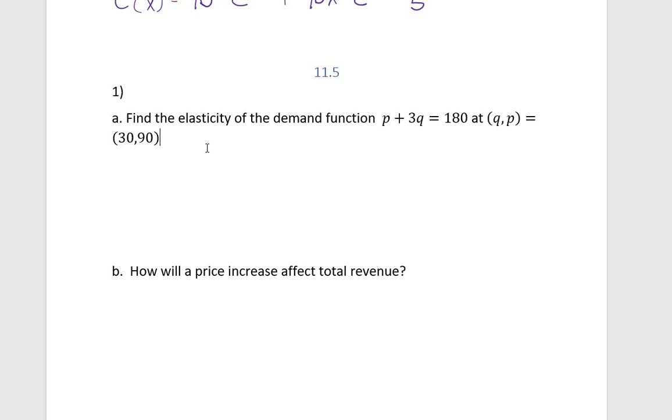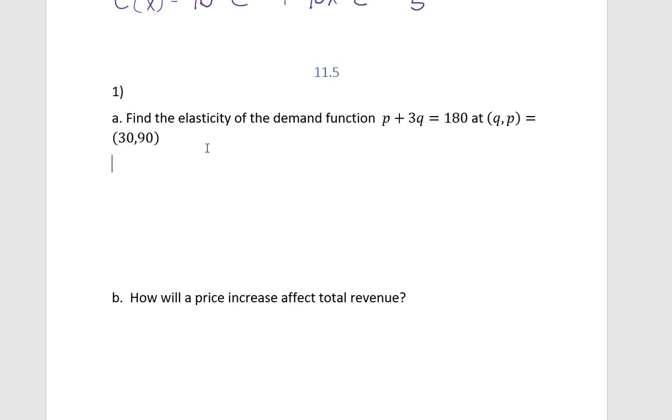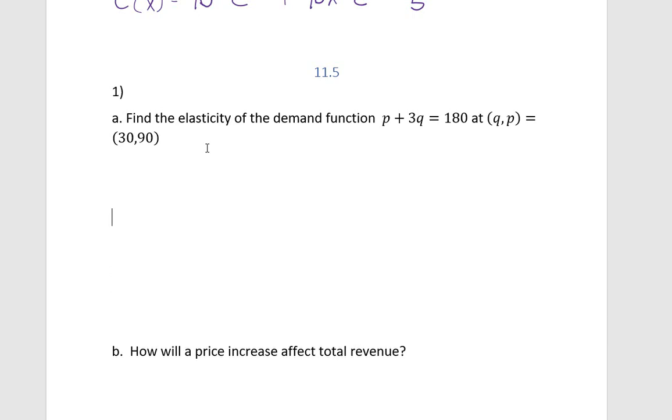So let's say that we want to find the elasticity of demand function p plus 3q equals 180 at the point q comma p equals 30 comma 90. So I'm going to break this down into steps. So the first thing that you want to do whenever you have a problem like this is you want to solve for q.